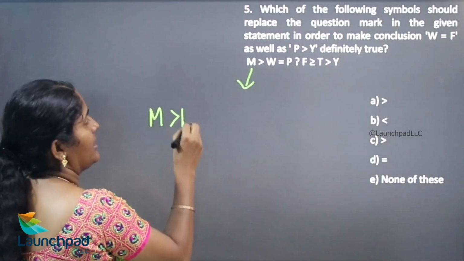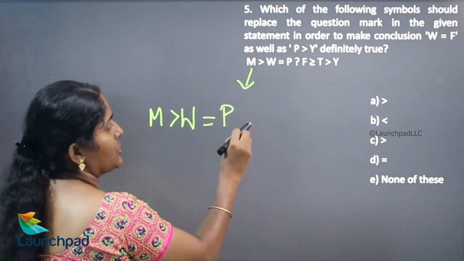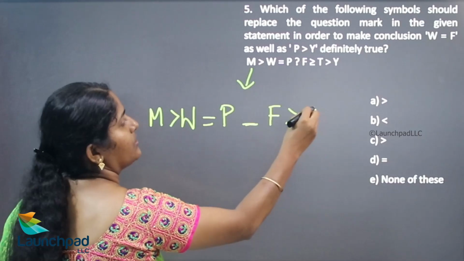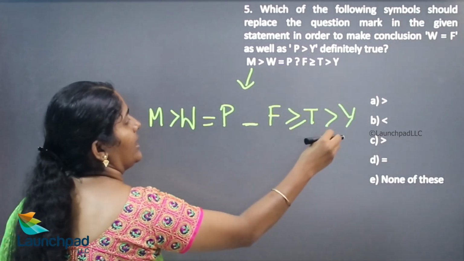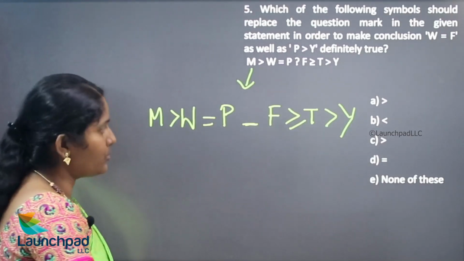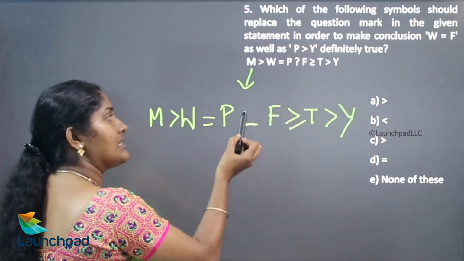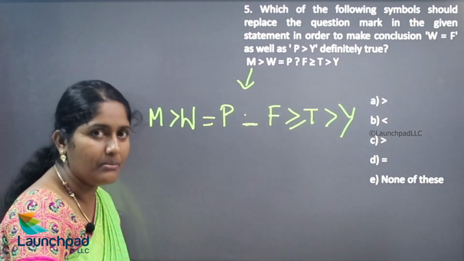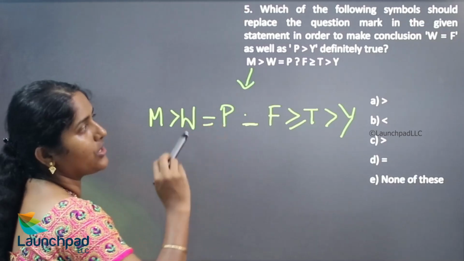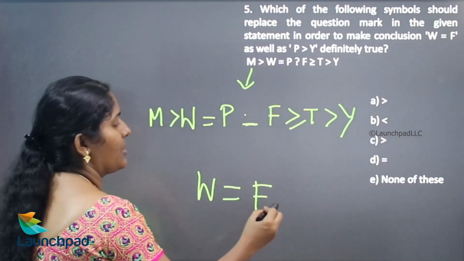M greater than W, which is equal to P, question mark, F is greater than or equal to T greater than Y. We need to add the symbol here, and if I add that symbol, the conclusion should be W is equal to F.